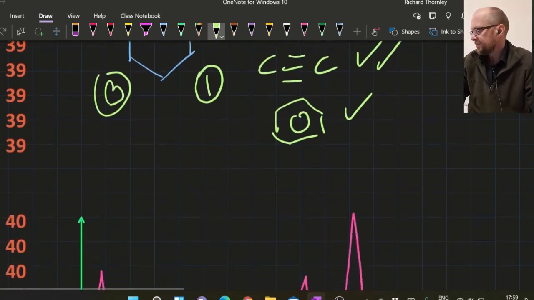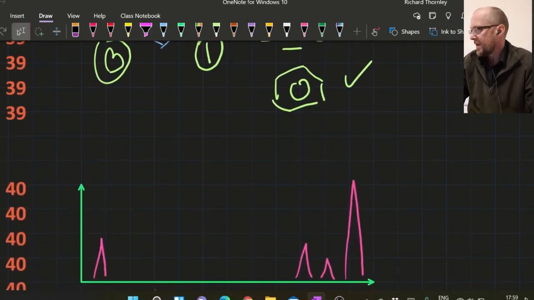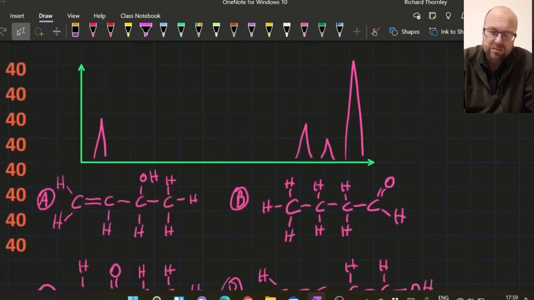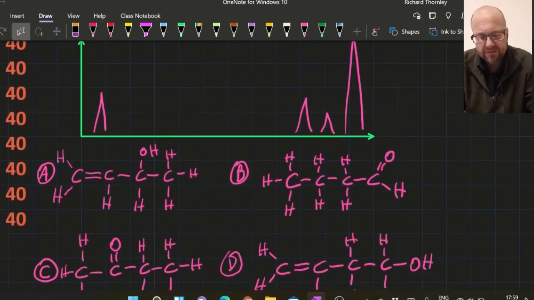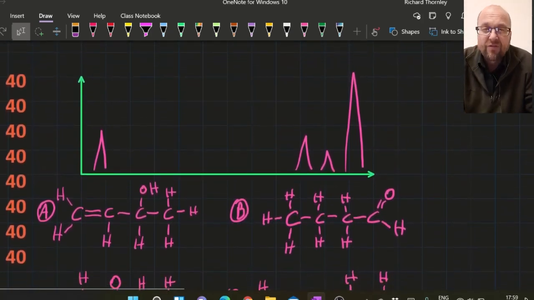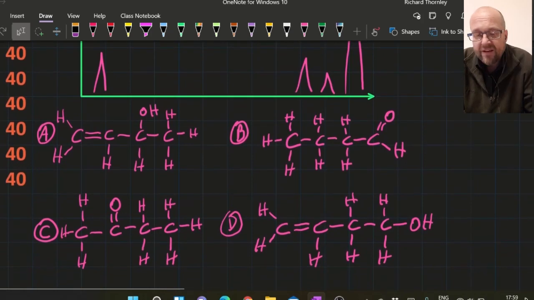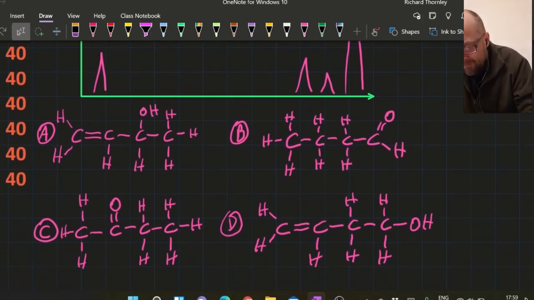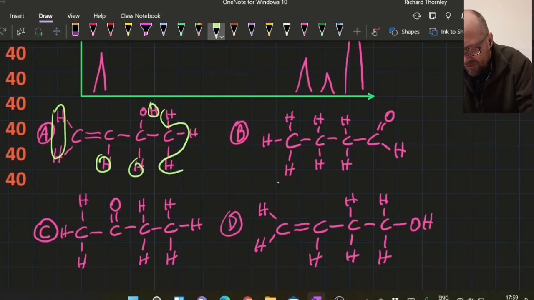40, H1 NMR. Ooh. We have to do the splitting. I have to teach that tomorrow. So I've got 4 peaks, so 4 hydrogen environments. Let's see if any of these have 4 hydrogen environments. It's that one. So this has 1, 2, 3, 4, 5 hydrogen environments.